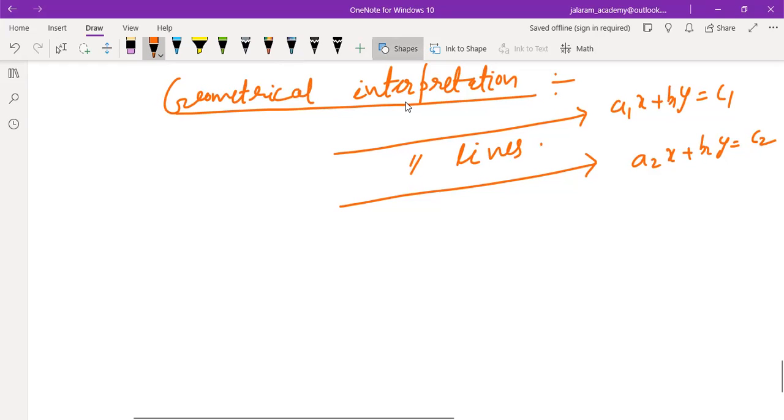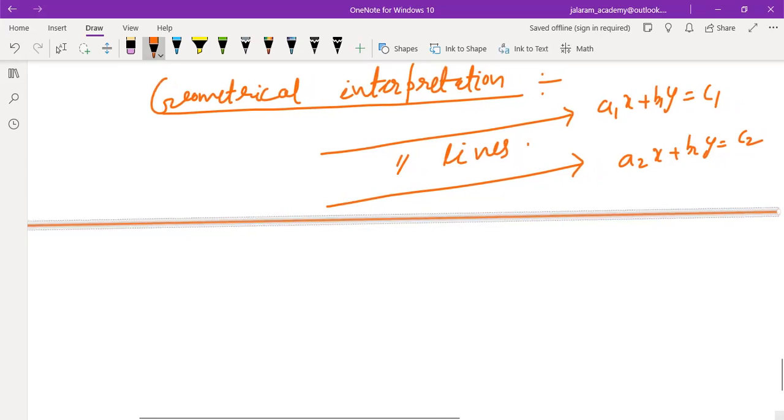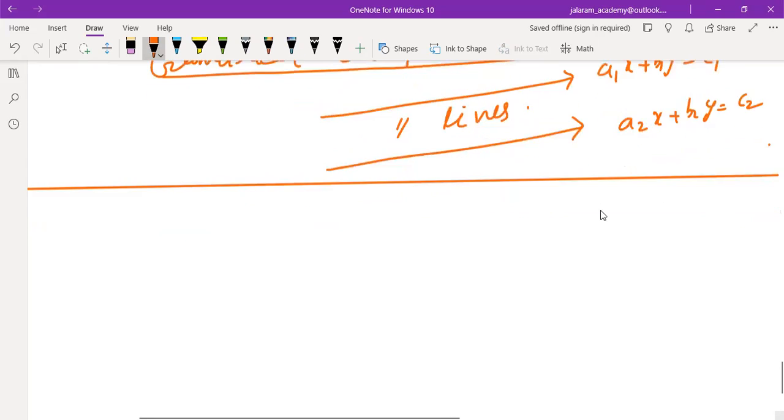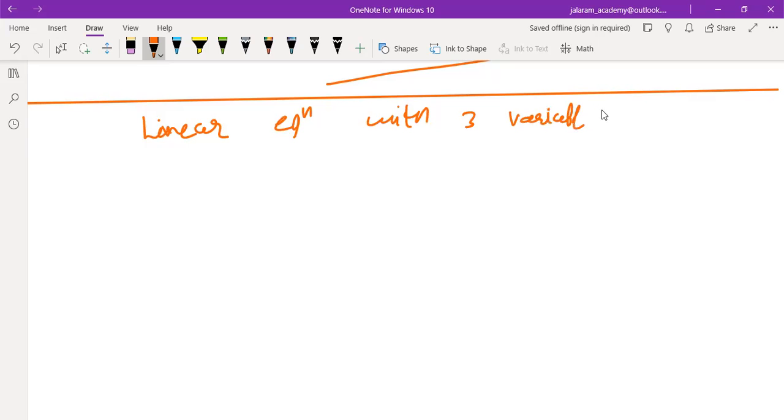So I hope you have understood the meaning of consistency and inconsistency in the case of linear equations with two variables. Now let's discuss linear equations with three variables. We will discuss it further in detail in the topic of planes in three-dimensional geometry.